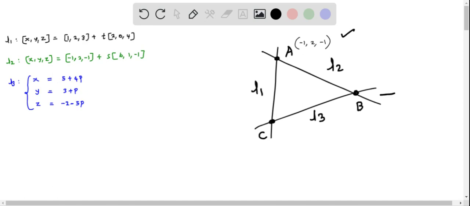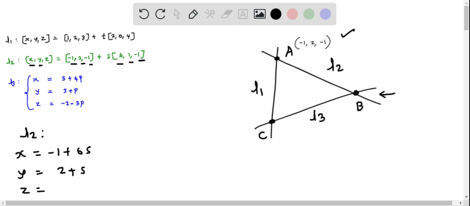Now let's see how to determine this intersection point B, or the vertex B. For that, we have to consider the parametric equations of line 2 and line 3. So first let me write the parametric equations of line 2. That is x equals negative 1 plus 6s, and y equals 2 plus 1s, that is 2 plus s, and z equals negative 1 minus 1 times s, so negative 1 minus s.